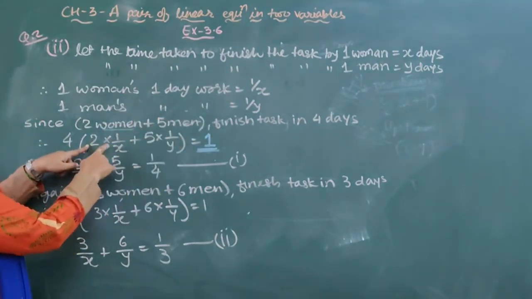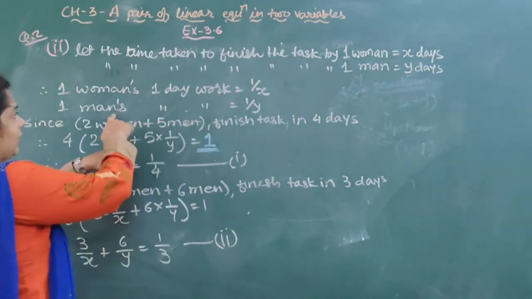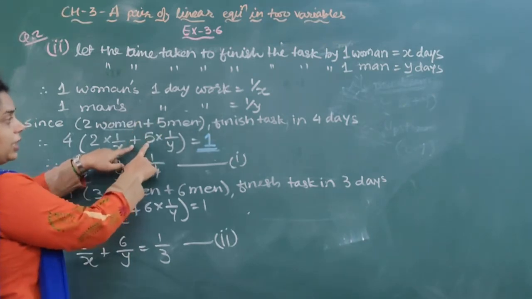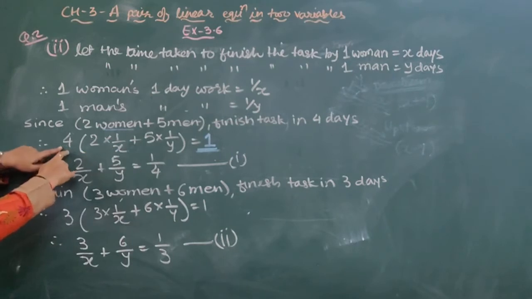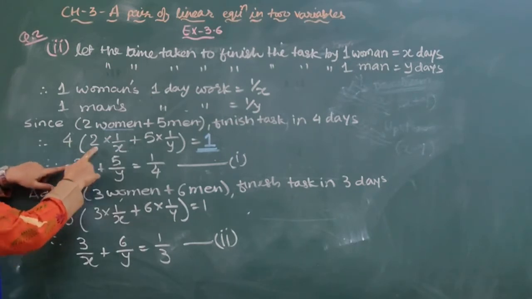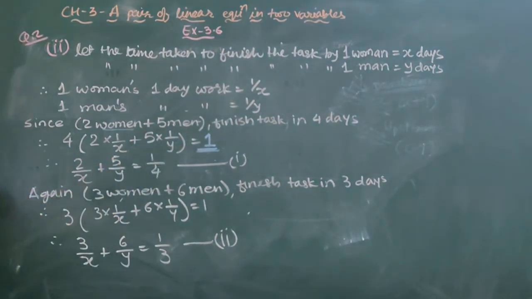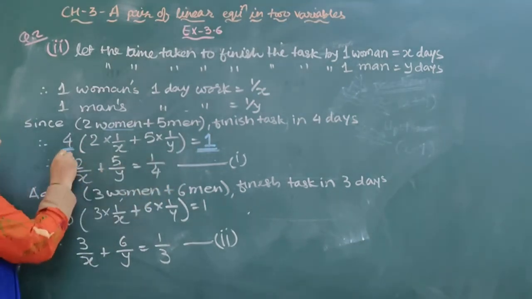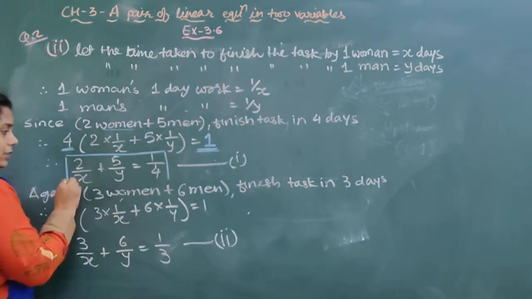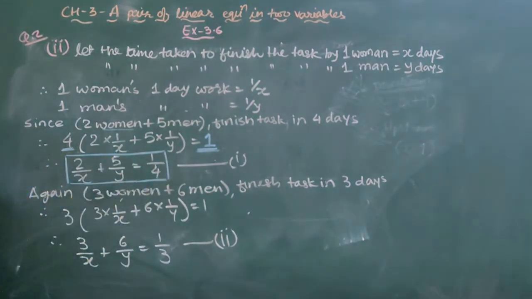So 2 women is 2 into 1 by x. Plus for a single man it is 1 by y. For 1 day's work, for 5 men it is 5 into 1 by y. And how many days do they require? 4. So 4 into 2 by x plus 5 by y is equal to 1. And if I take this 4 to the other side, the equation is 2 by x plus 5 by y is equal to 1 by 4. This is your first linear equation.